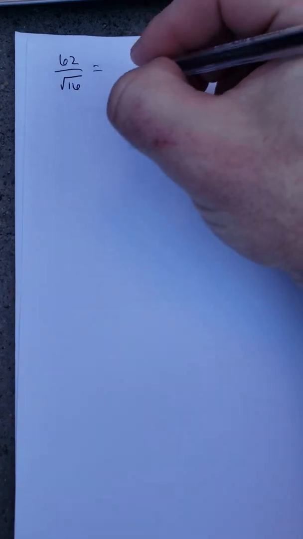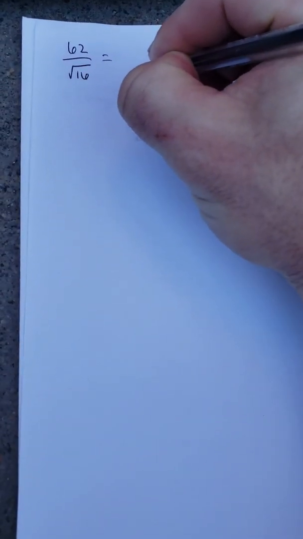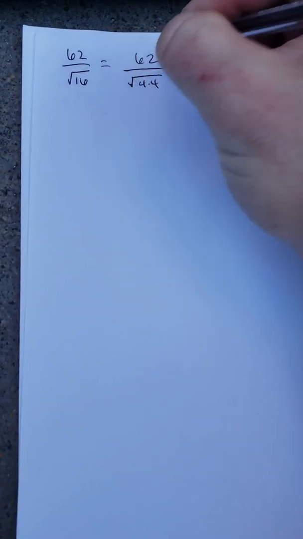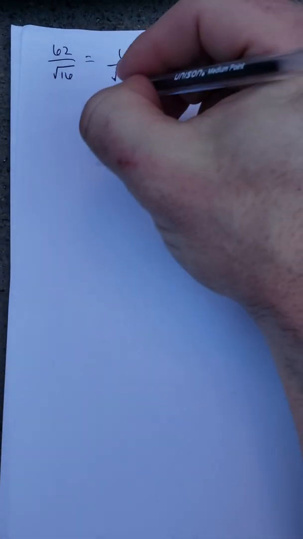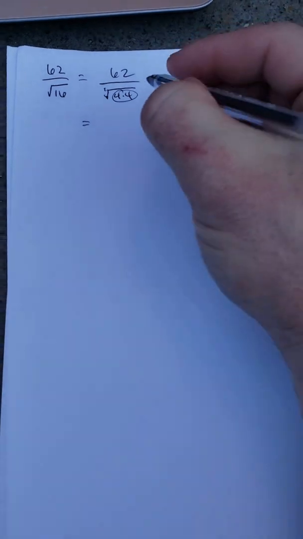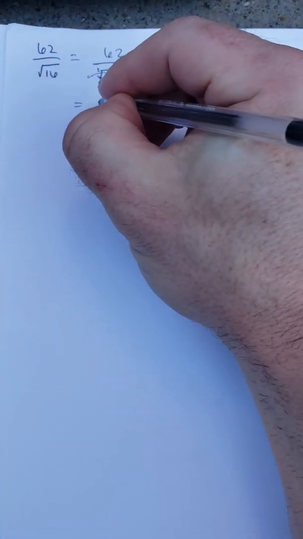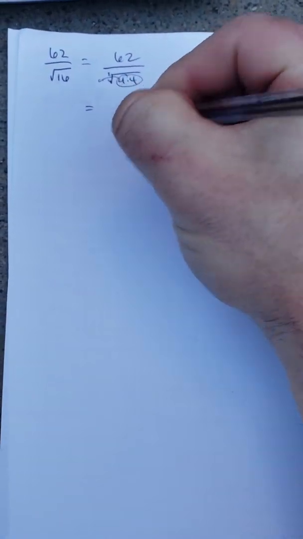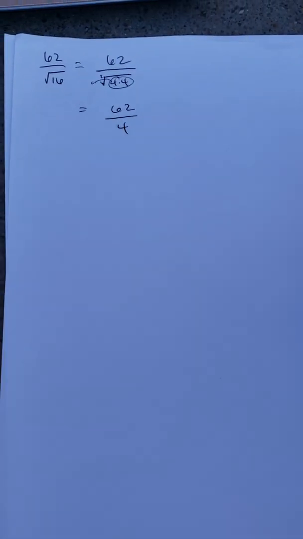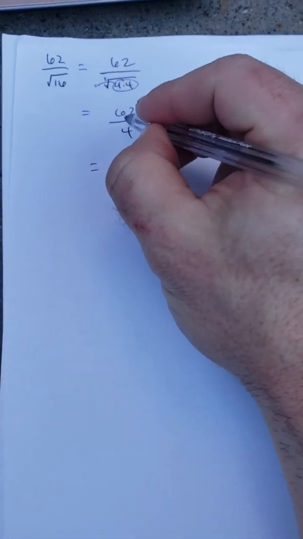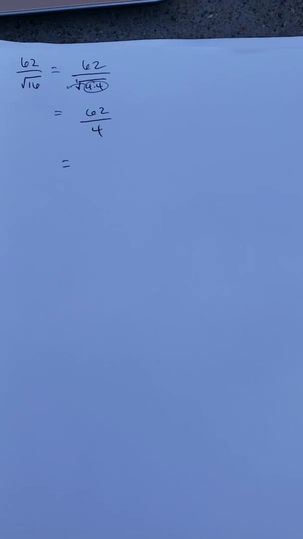All right. Now this first one, well, this is pretty simple. We should know the square root of 16. We know that the square root of 16 is 4 times 4. If I see it twice, because there's that index of 2 right there, I can pull it out. So I have 6 square root 2 divided by 4. And then we can even take this down even further because, yes, you're supposed to simplify.